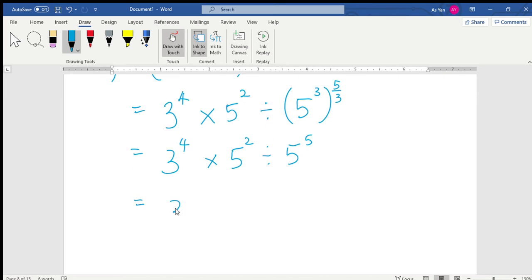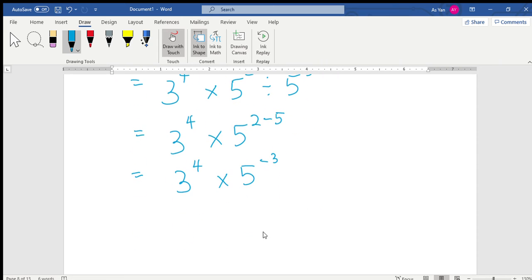equals 3 to the power of 4 times 5. Divide means minus, so 2 minus 5. So 3 to the power of 4 times 5 to the power of negative 3. Okay, you remember, a to the power of negative n equals 1 over a to the power of n.